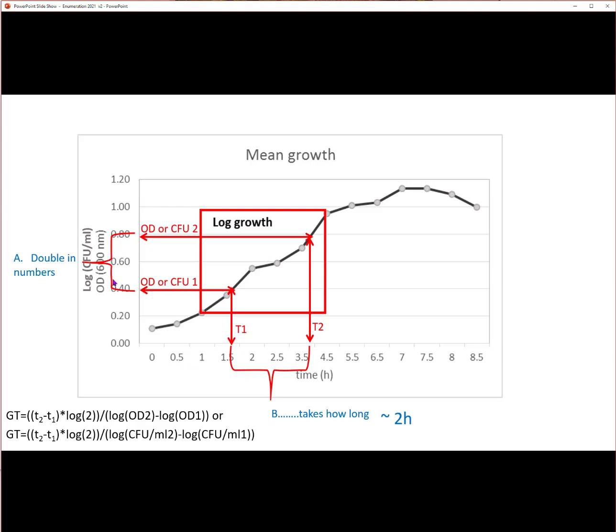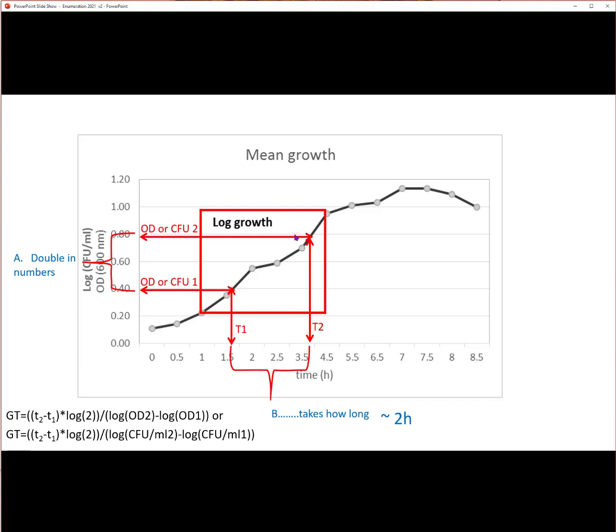On the y-axis, you either have optical density or CFU per ml. On the x-axis, you have time. And you want to see how long does it take for the population to double, like in this case, to go from 0.4 to 0.8. How long does that take?